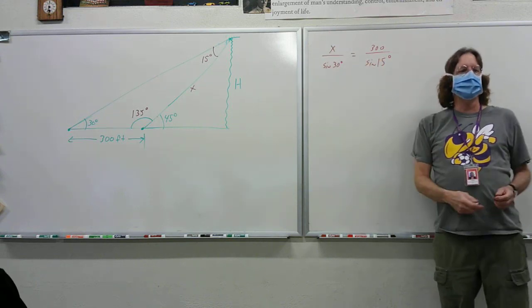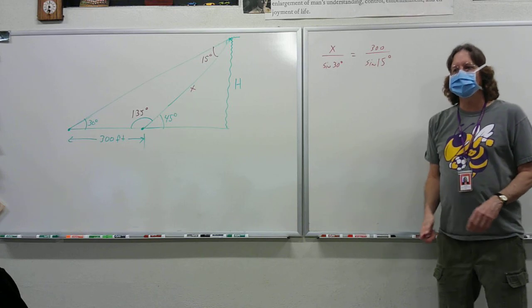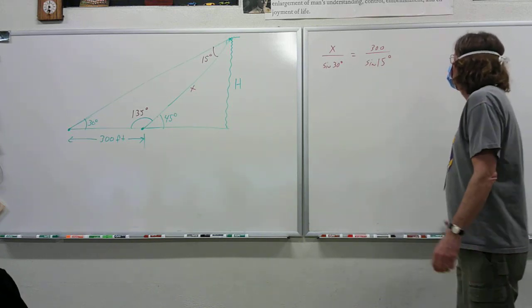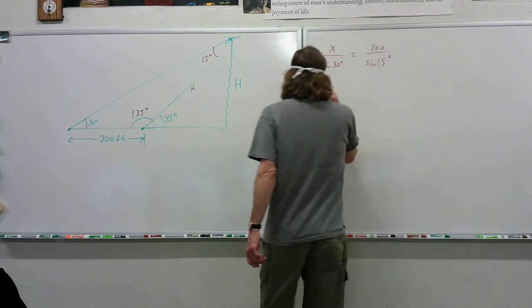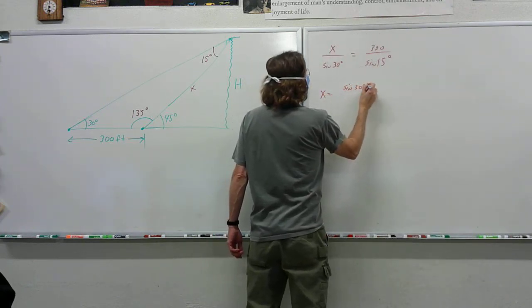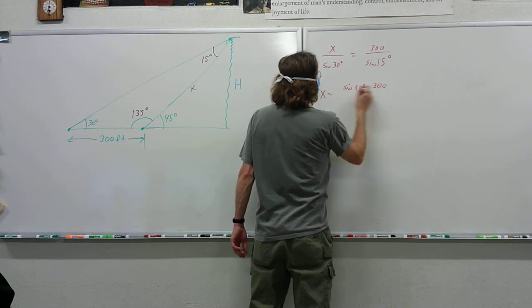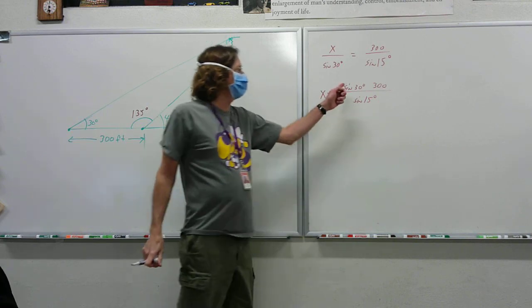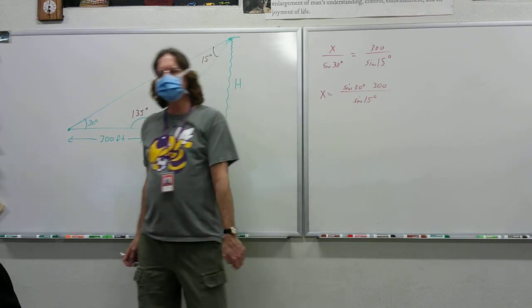Do you have to do that? No, but I'm trying to make it easy. So, x equals the sine of 30 times 300 over the sine of 15. Don't you dare try to reduce that. You have to do sine of 30, sine of 15. You can't reduce those.